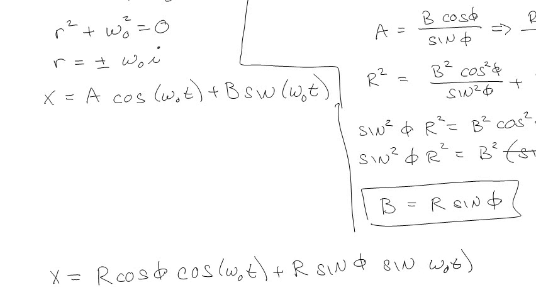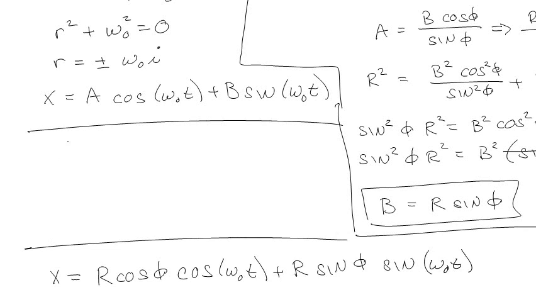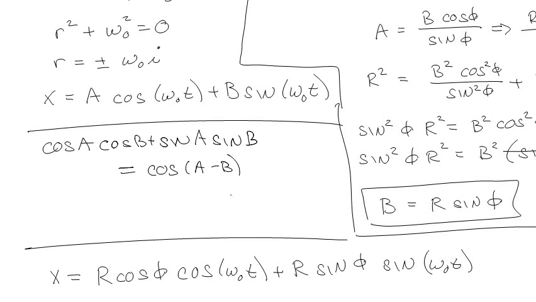This is pretty much the exact same thing we already had, except even worse. Yes, absolutely. Except that you might remember there is a little theorem that says the cosine of a times the cosine of b plus the sine of a times the sine of b is actually equal to the cosine of a minus b. Yay! Awesome!